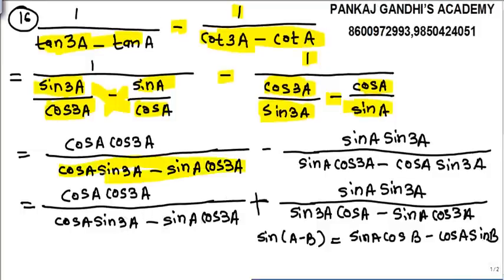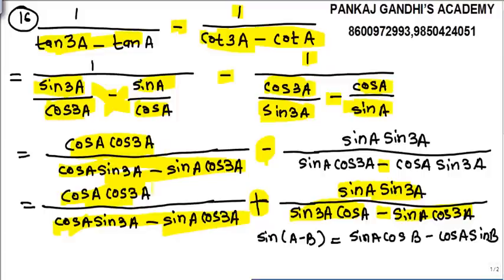So here this part is the same, cos A, cos 3A, cos A, sin 3A. Only we are changing the sign here. Because of taking this minus common, it will become plus, and sin 3A cos A minus sin A cos 3A, and the numerator is the same, sin A sin 3A.